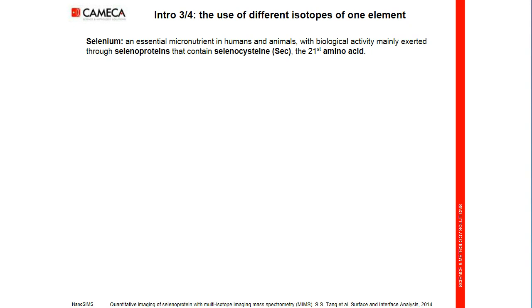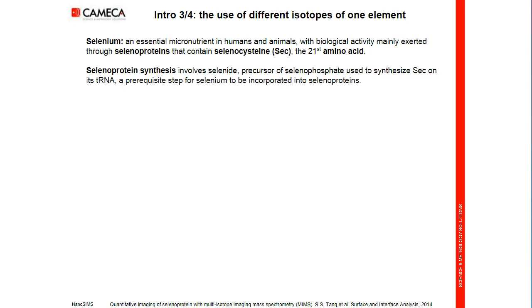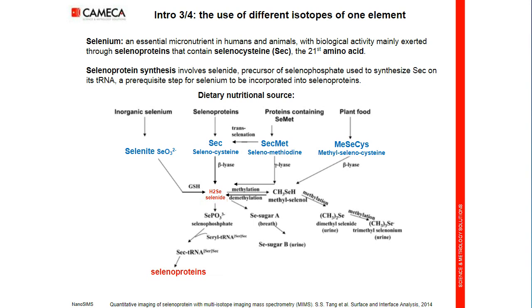And selenoprotein synthesis involves selenide, precursor of selenophosphate used to synthesize sec-tRNA, transfer RNA, a prerequisite step for selenium to be incorporated into selenoproteins. Here we see different synthesis pathways for selenoprotein used by humans and animals.